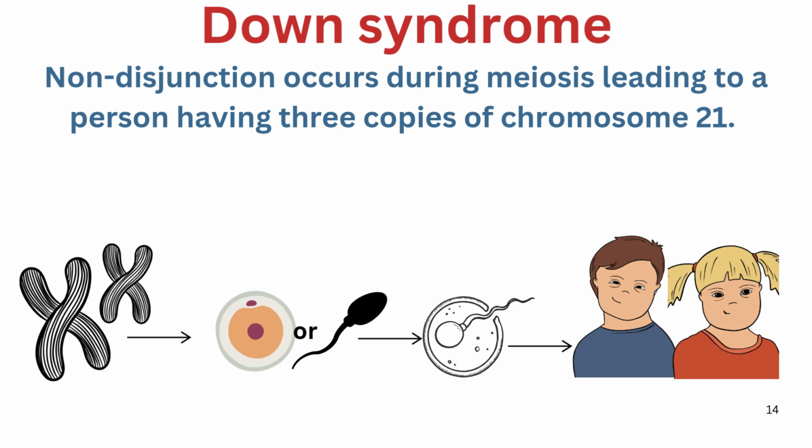If the chromosomes do not distribute properly in each gamete, either eggs or sperm, one sex cell has two copies, and then during fertilization another copy is added, making three copies of chromosome 21, leading to Down syndrome.